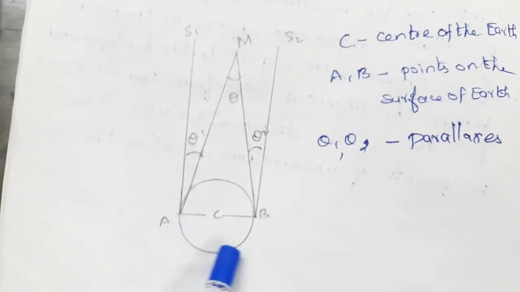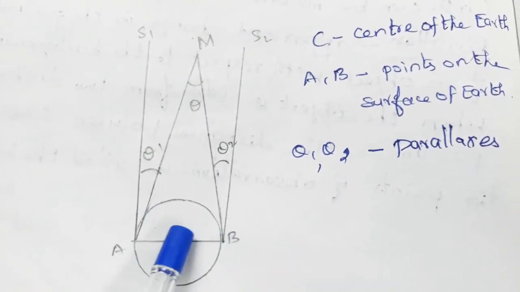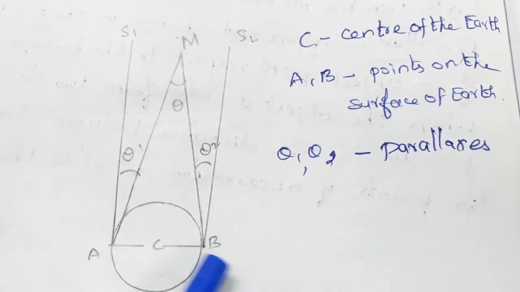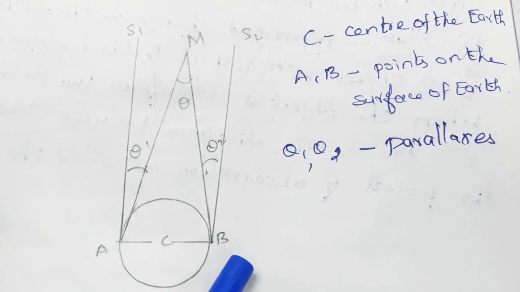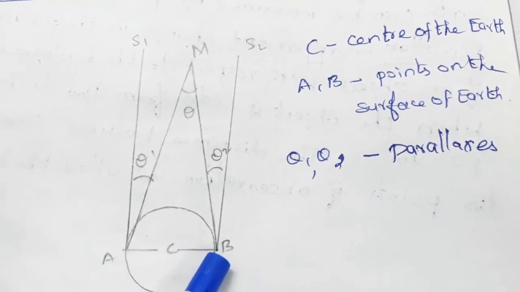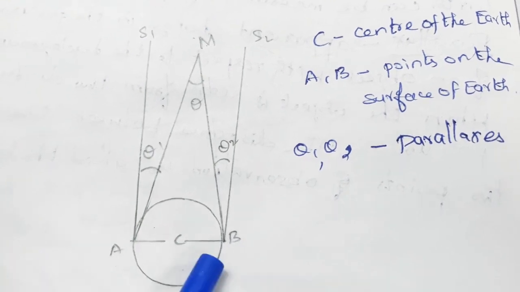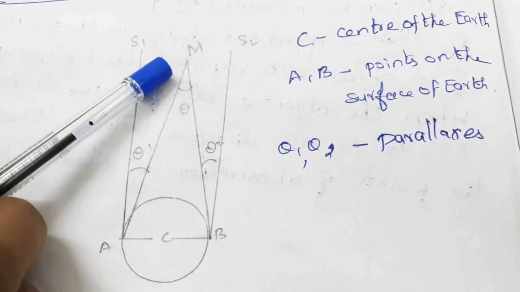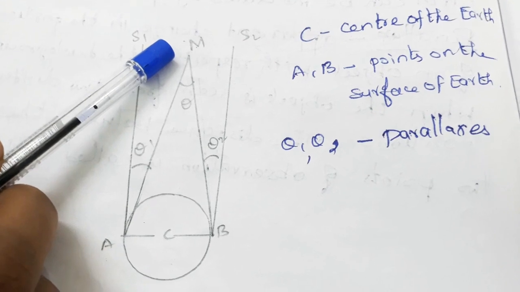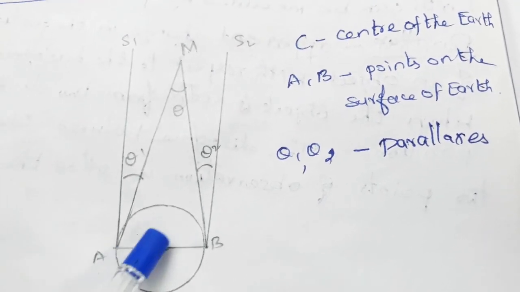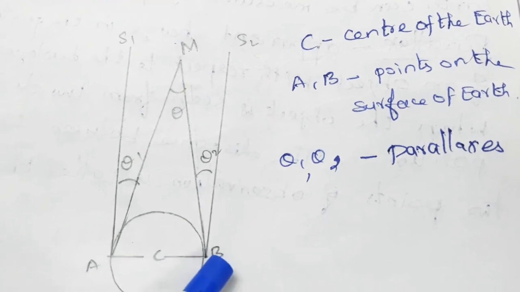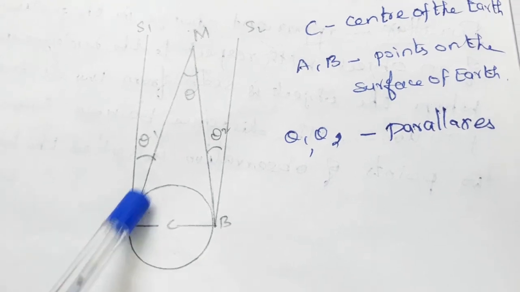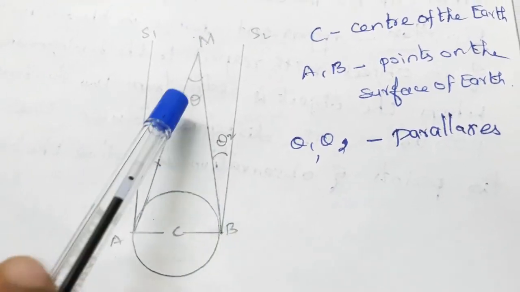This is the earth, and C is the center of the earth. A and B are two diametrically opposite points on the surface of the earth. M is the moon. The moon M is subtended by an angle from the earth.